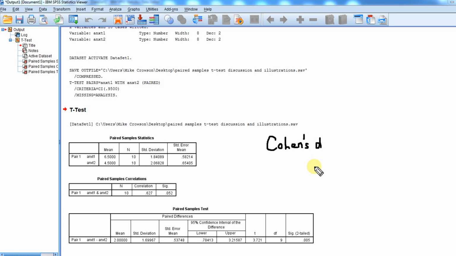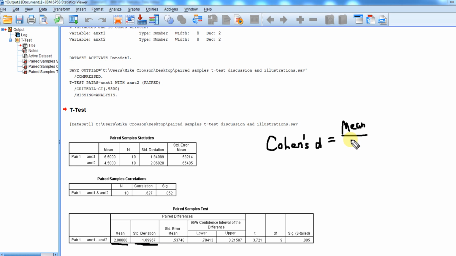This is computed by taking the mean difference. In other words, we take the value right here, which is the same as the mean of the difference scores, obtained by taking time 1 scores and subtracting time 2 scores. We then divide it by the standard deviation of those difference scores, which is located right here.